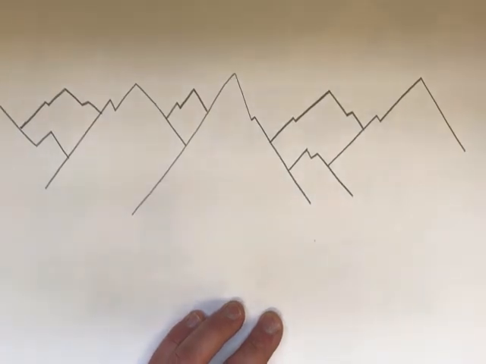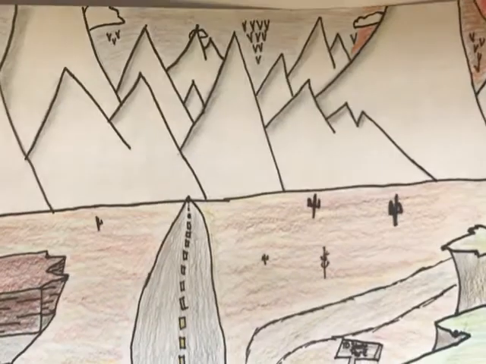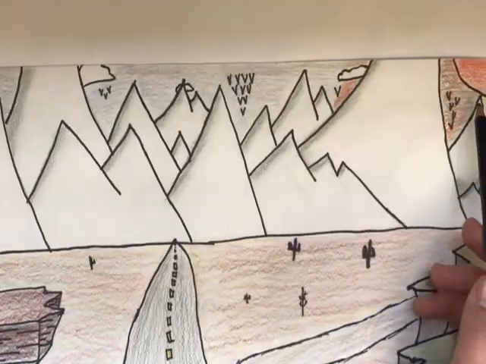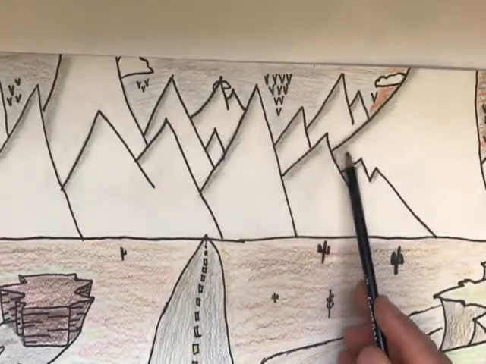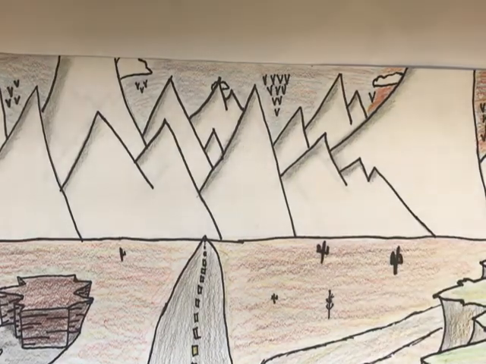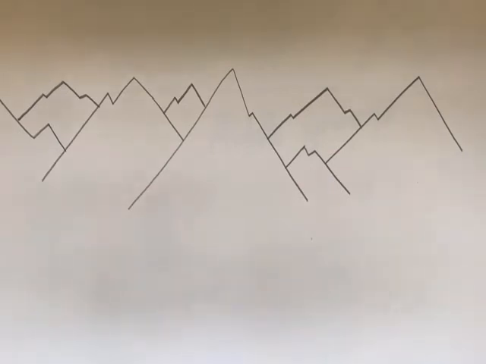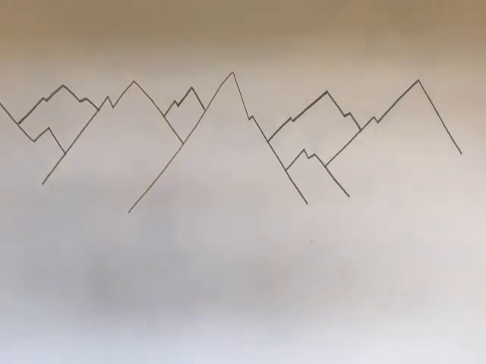When we do the project, I will show you exactly how to add a light source and then shade in the side of your mountain. Okay, but for now, practice your mountain ranges, try your best, be creative, and have fun.